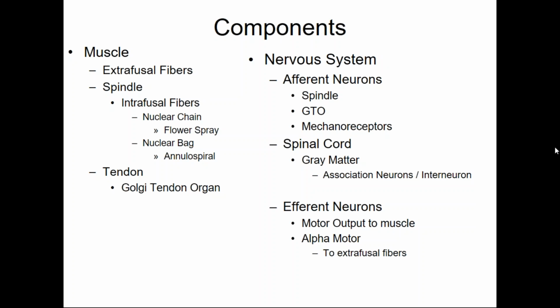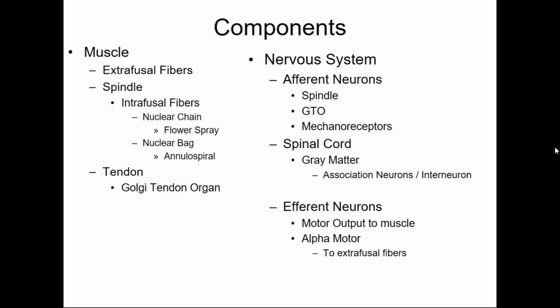The last thing is your efferent neurons. Whereas afferent neurons are carrying impulses towards the spinal cord, efferent neurons are carrying impulses away from the spinal cord to generate some form of effort. The ones that we primarily reference for massage are the alpha and gamma motor neurons.